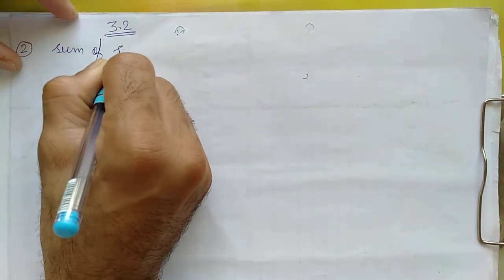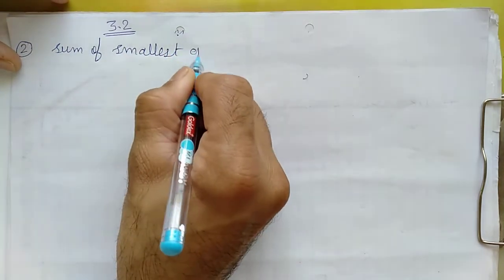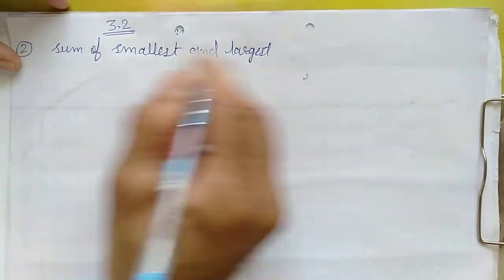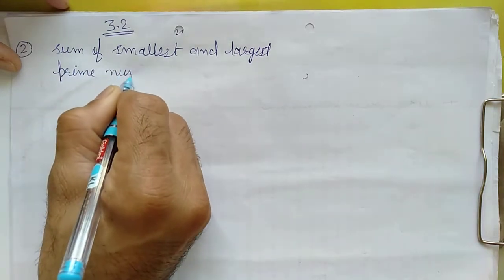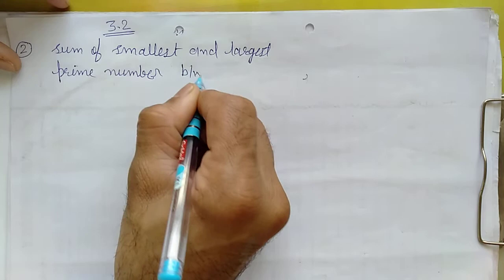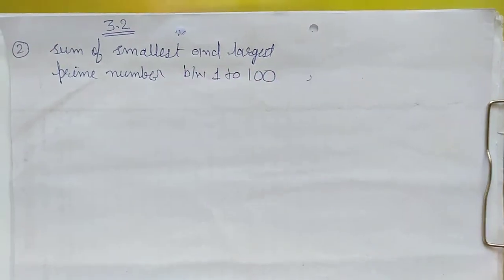Sum of the smallest and largest prime number, and the condition is between 1 to 100, right?